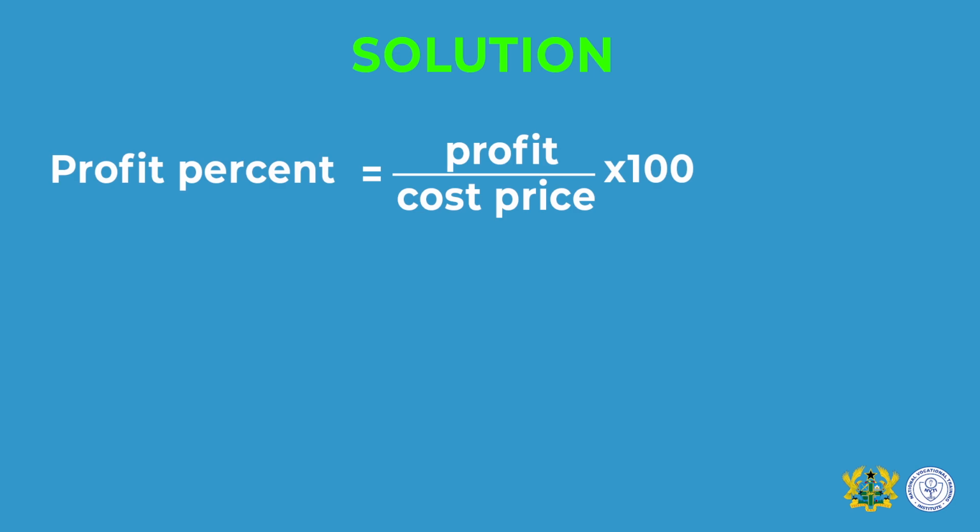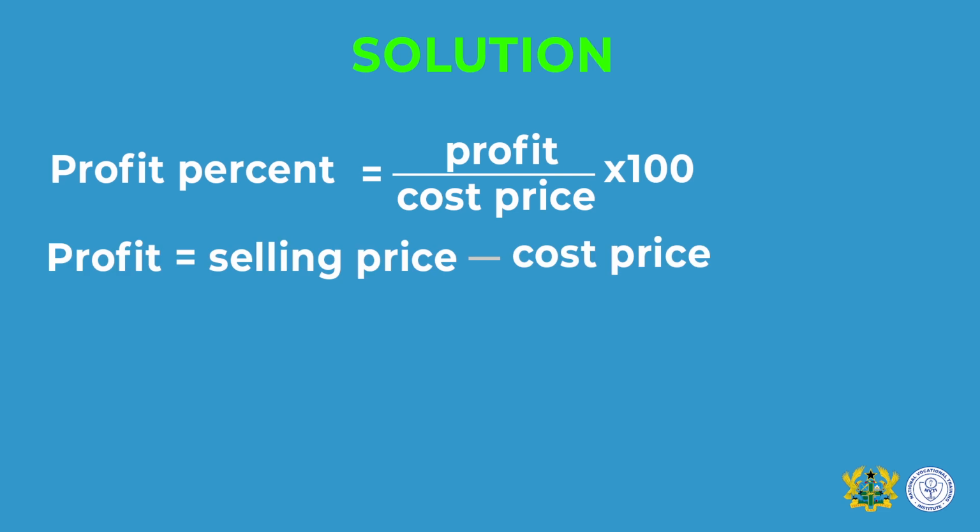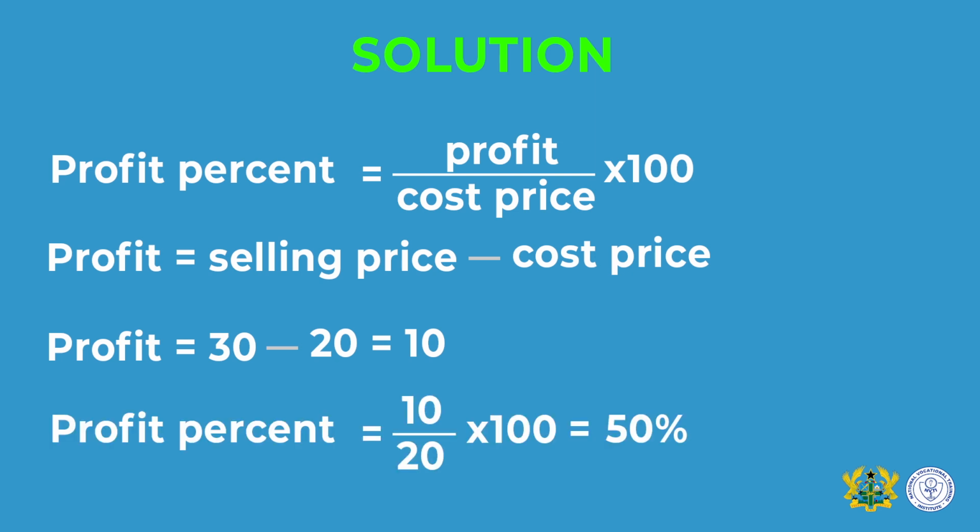We know that profit percent is equal to profit over cost price times 100, as can be seen on the screen. We can also compute our profit using selling price minus cost price, and by substitution, our profit will be 10 Ghana cedis. So when we substitute that into the profit percent formula, that will give us 10 over 20 times 100, and that will give us 50%.